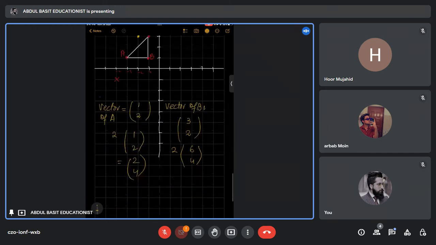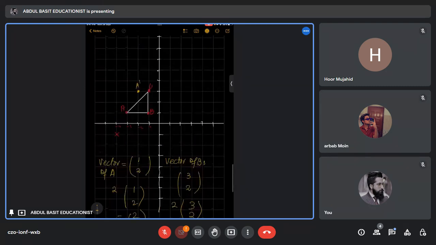So the given vector is 3 and 2, and the result is 6 and 4. So 6 towards right and 4 up. This is the center. So 6 towards right and now 4 up. So this is my B dash.